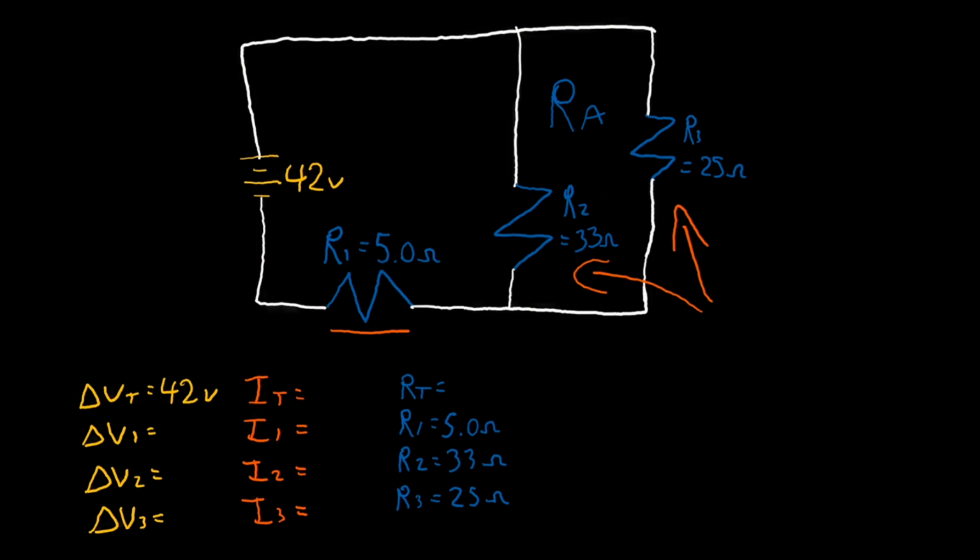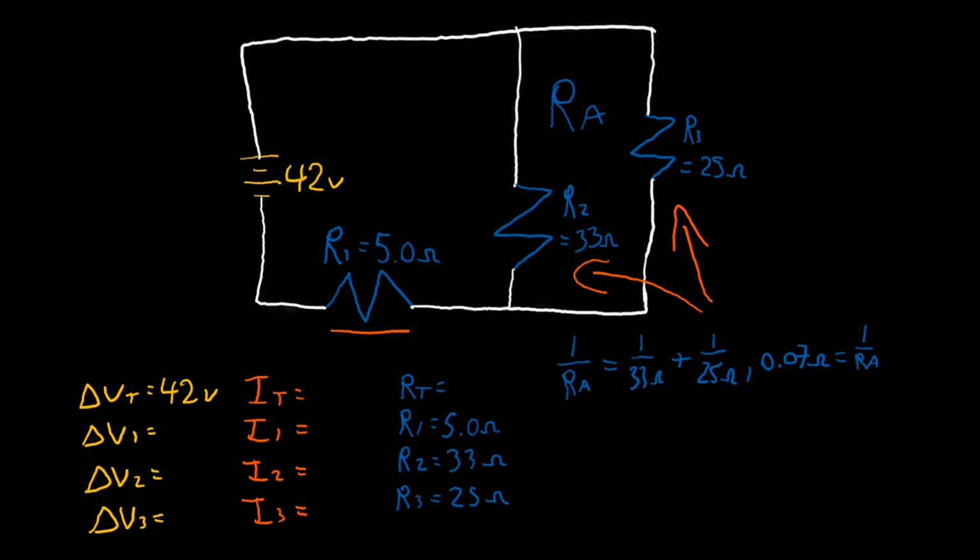Well, we know that for solving resistance in a parallel circuit, it is the sum of the reciprocal of each resistance. So to solve for RA, it's 1 over RA equals 1 over 33 ohms plus 1 over 25 ohms. It should give you about 0.07 ohms, which equals 1 over RA.